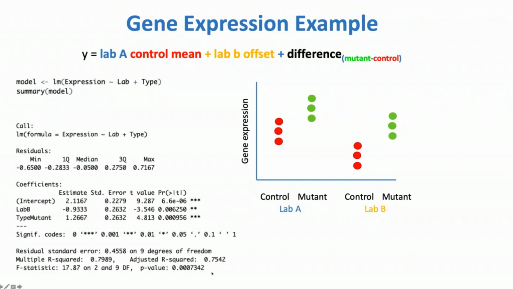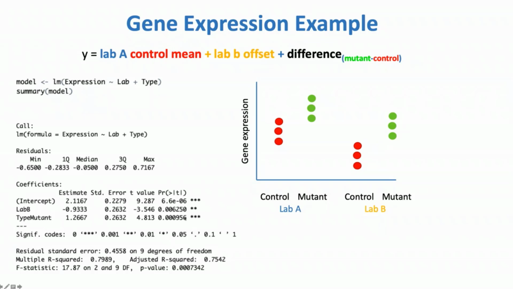But this is not the p-value that we're actually interested in, right? What we're interested in is if the mutant type is important for the gene expression, irrespective of the lab, right? And this is the p-value that we have here with the type mutant, the 0.009 value. So this is the p-value that we're actually interested in.